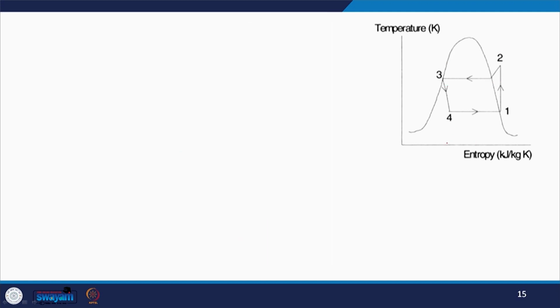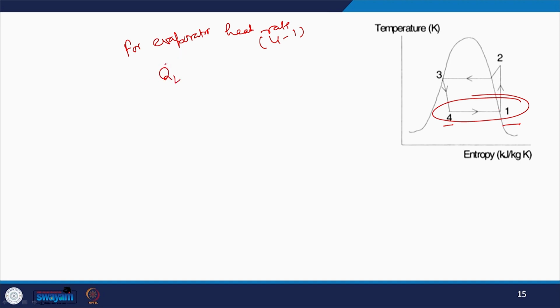The next is the evaporator heat rate, that is station 4 to station 1. So QL is equal to m (H1 minus H4). So it is 0.2 times (386.08 minus 256.54), and that comes out to be 25.9 kilowatt.